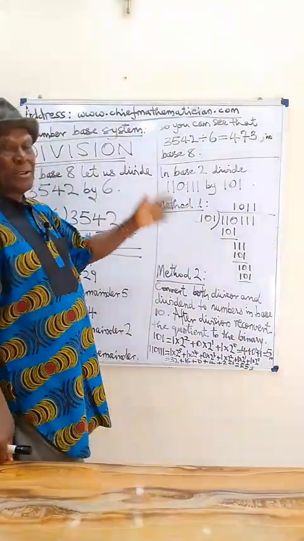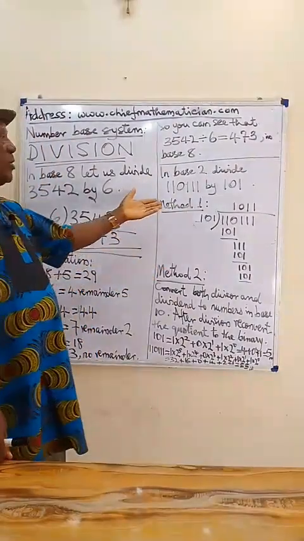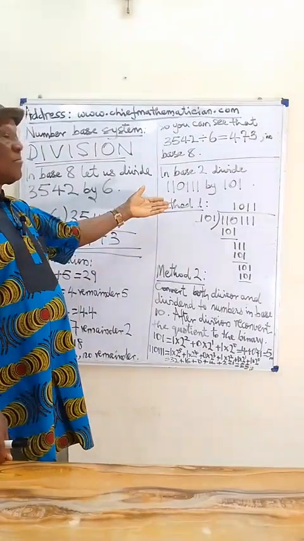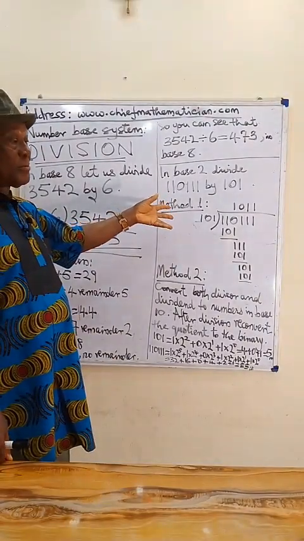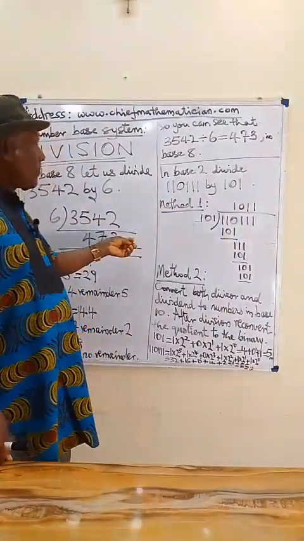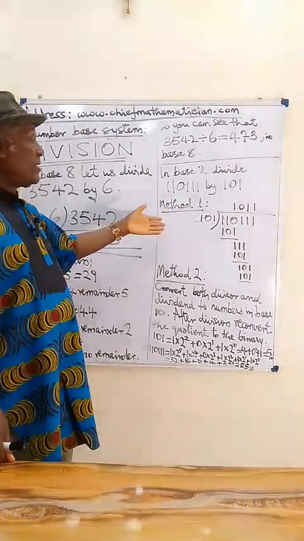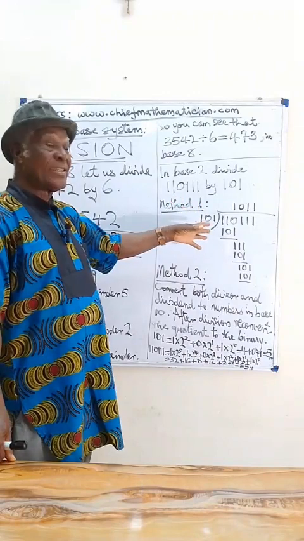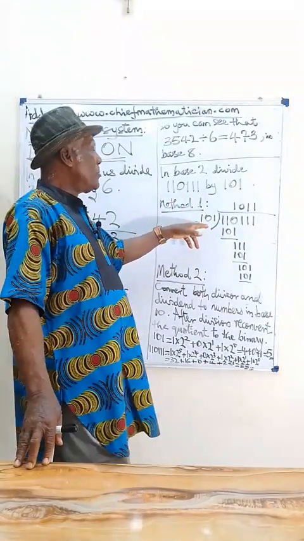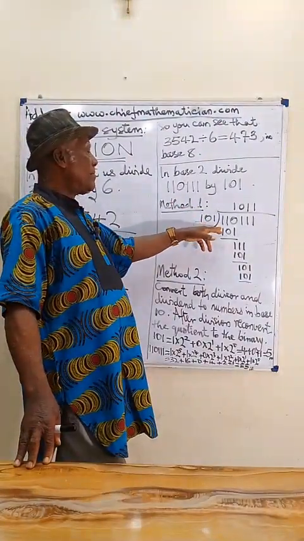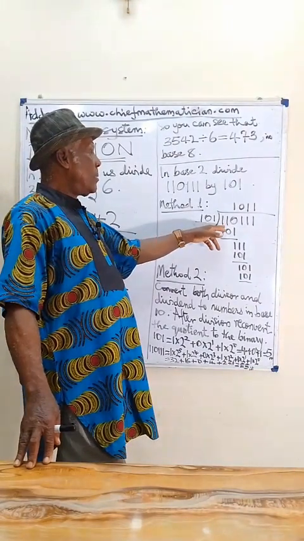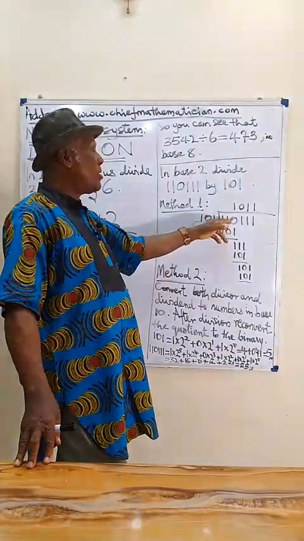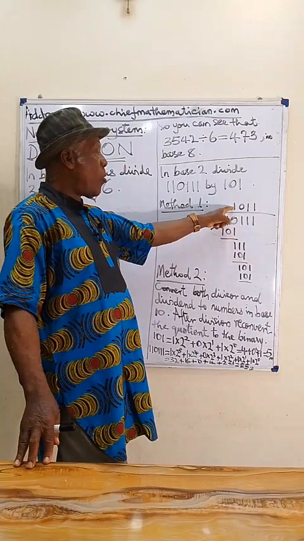We have two methods for doing this division. The first method is we carry out the long division the way it is. Now, 101 can take 110 once. You put down 1.